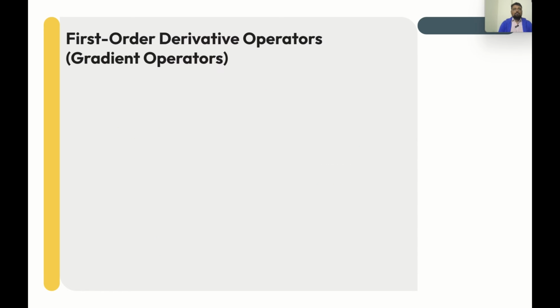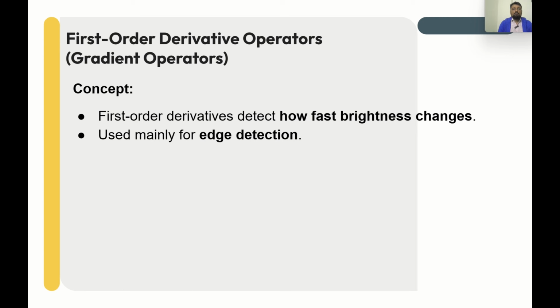First order derivatives operate on the gradient. The concept is that the first order derivative detects how fast brightness changes. If you apply it, you can identify how much the brightness value changes.